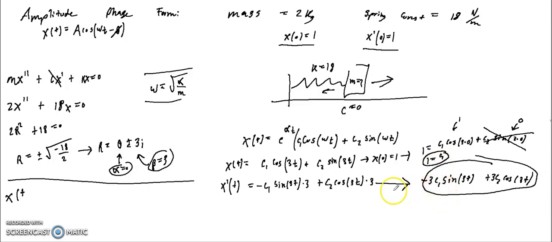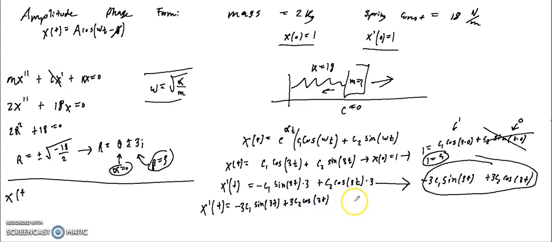Now for here, let's rewrite this nice and neatly down here. The x prime is negative 3c1 sine of 3t plus 3c2 cosine of 3t.